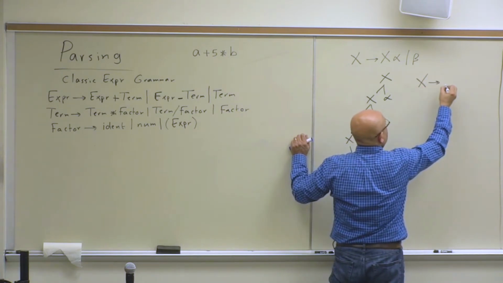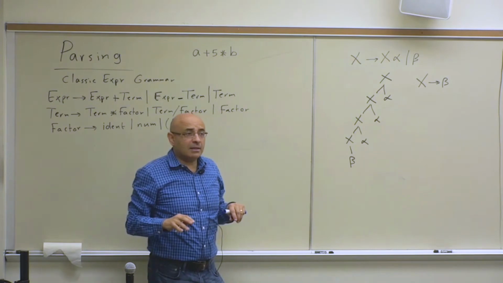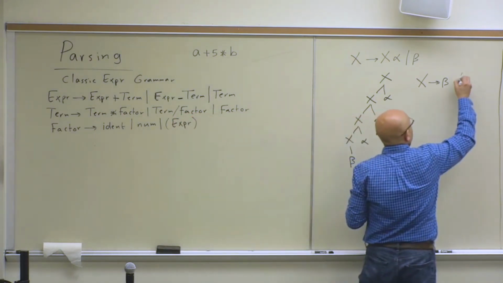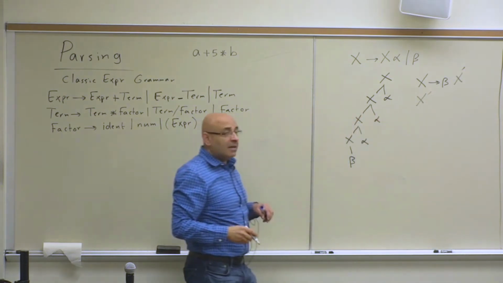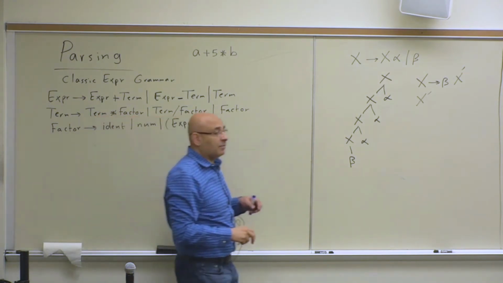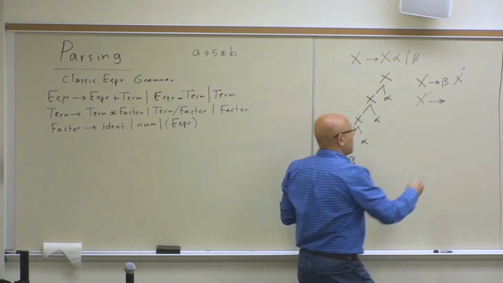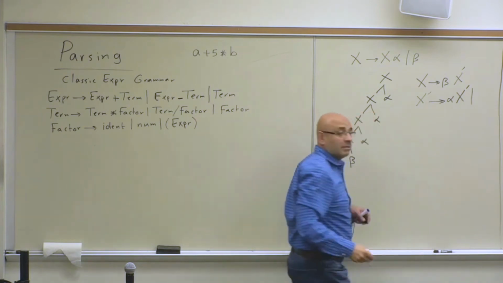X, I want to start with a beta, then followed by something that will give me any number of alphas. I'm going to call that thing x prime, and x prime is going to give me any number of alphas, and I can do it with right recursion now. So what's the right recursion? It's just alpha x prime, or what? Epsilon.